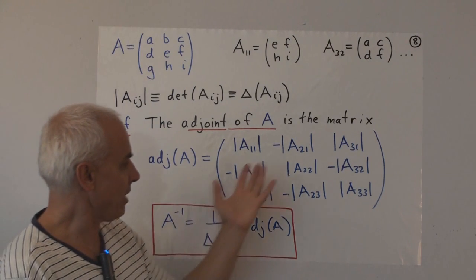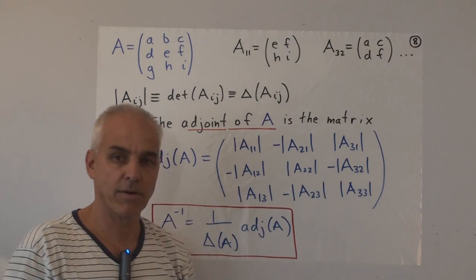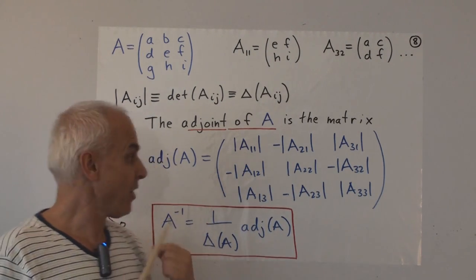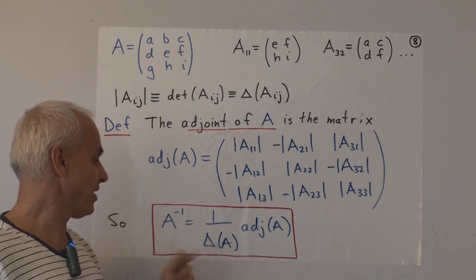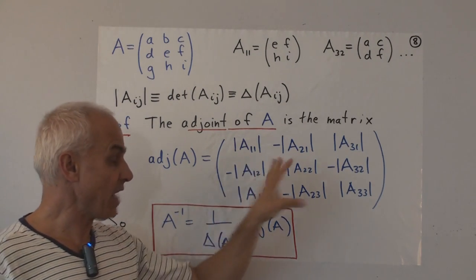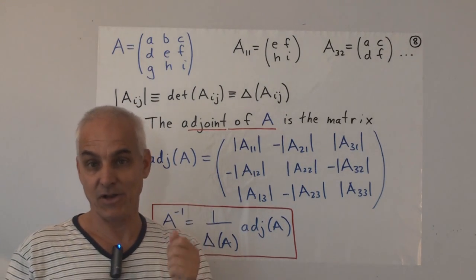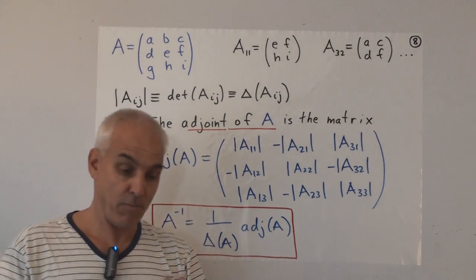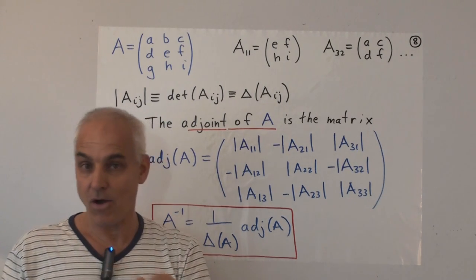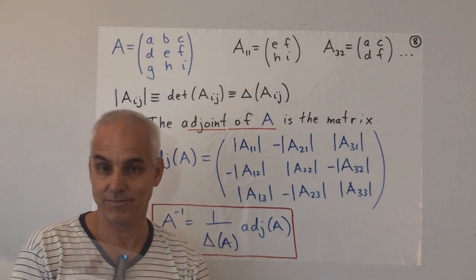So this is maybe a slightly more condensed way of writing the formula that we had for the inverse matrix: 1 over the determinant times this adjoint matrix, and the adjoint matrix itself is computed by finding a lot of 2 by 2 determinants, putting them in the right places, and adding alternating plus and minus signs.